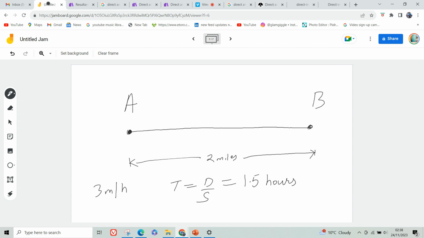Okay, now if you increase your speed by 5 miles per hour, then your time taken will be what?